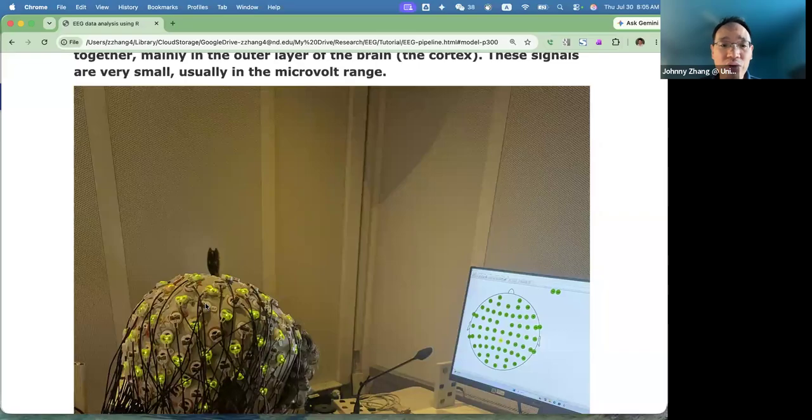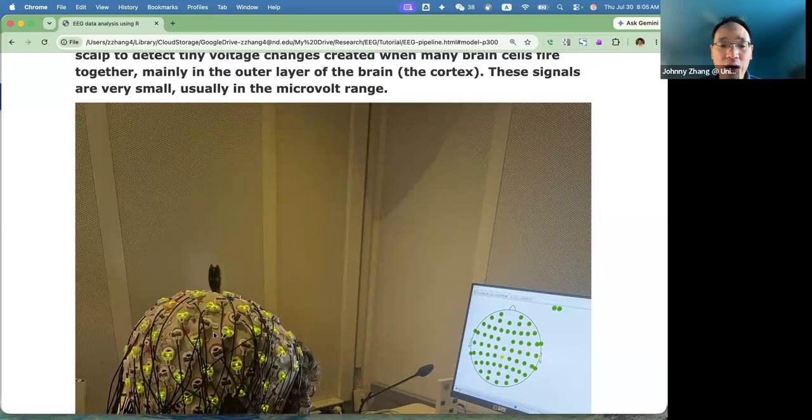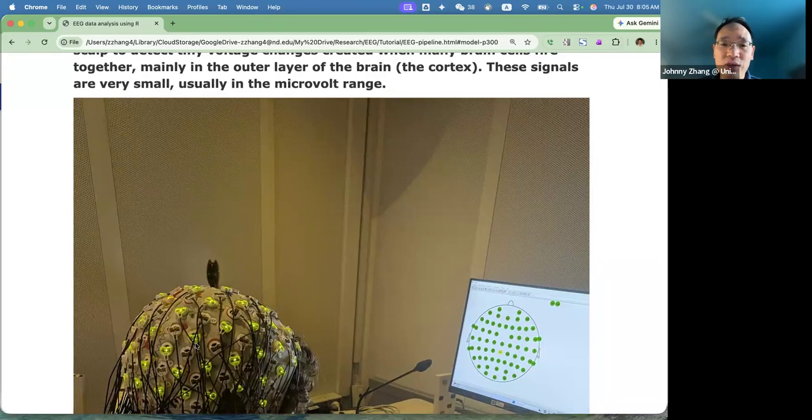With the electrodes, we can measure the changes in the voltage in the head, and this can be used as an indication of your brain activity. And those signals we collect are usually very small, in microvolt ranges.